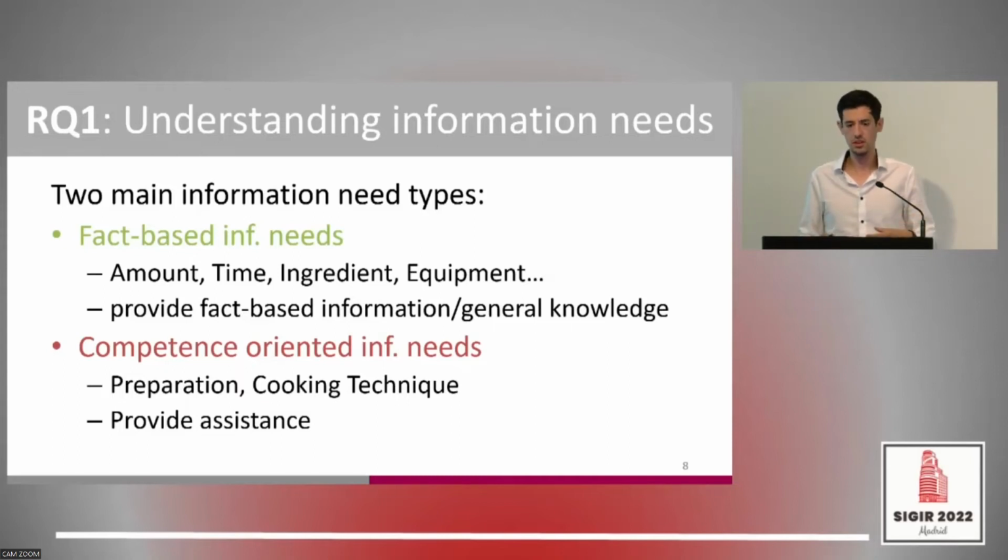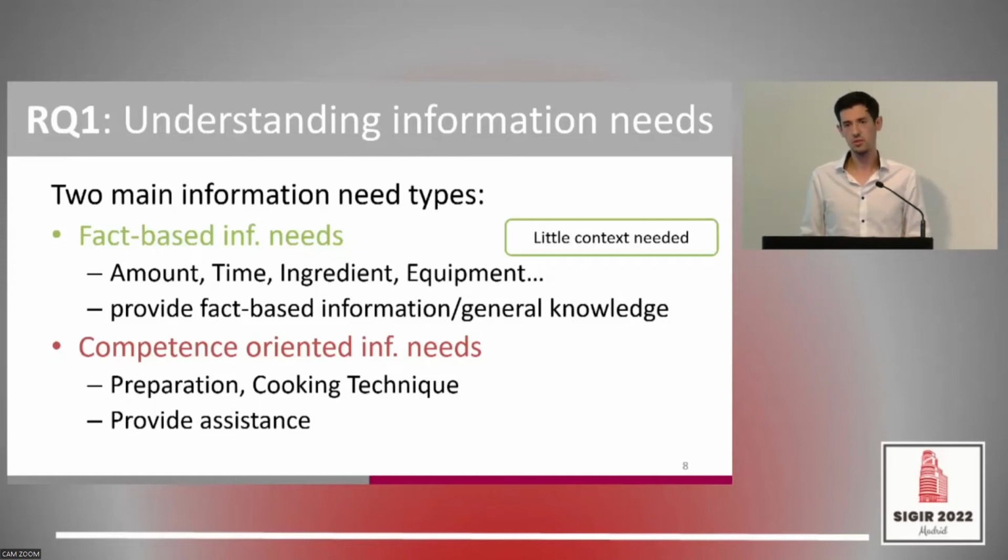And you answer with 100 grams, for instance, and that's enough. However, when it's getting more complicated and you, as a user, need more guidance, more assistance, these kinds of needs, which are preparation and cooking technique, were labeled as competence-oriented information needs, since more assistance was provided there. That's the main difference.